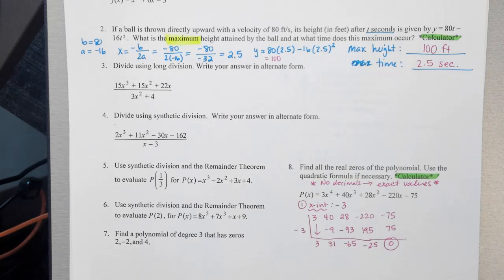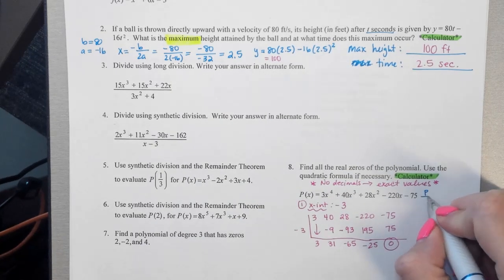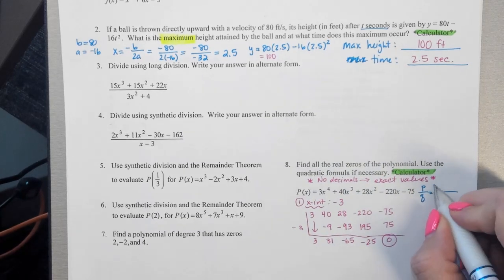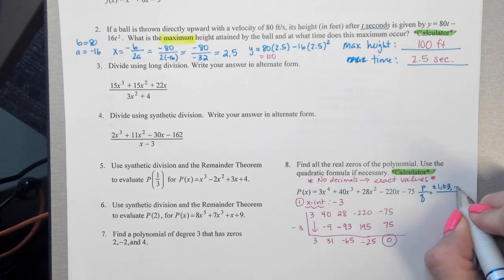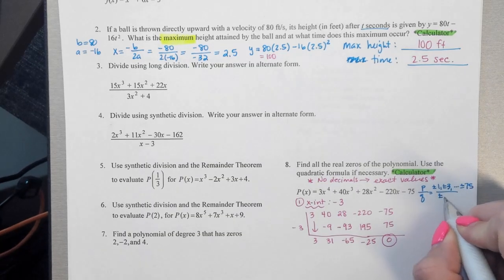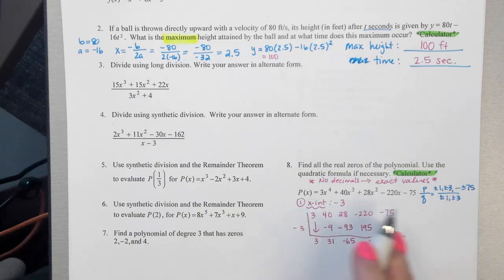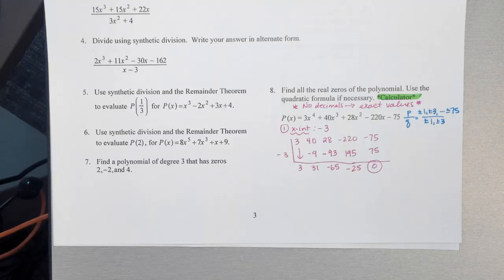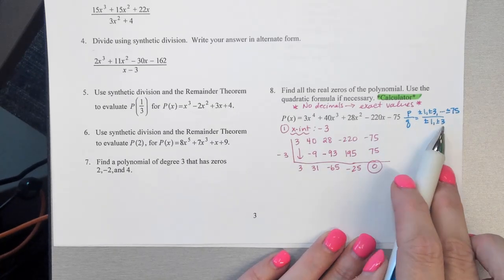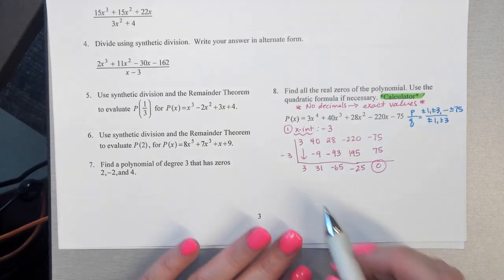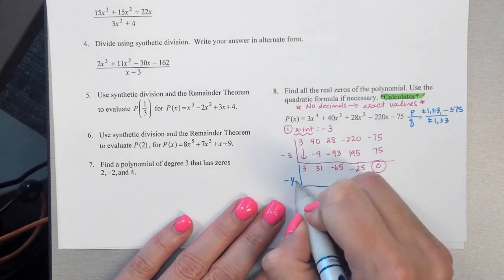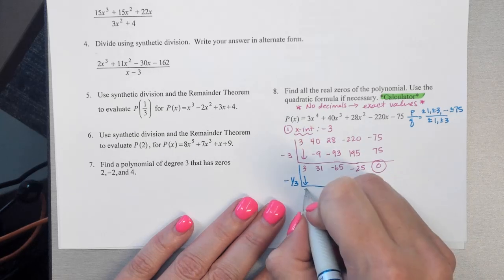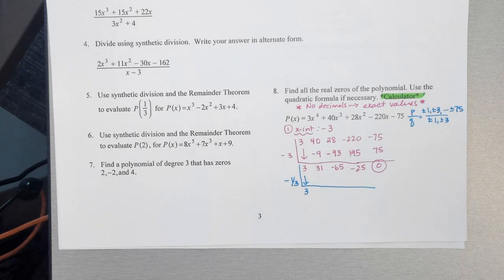Remember that the possible zeros are your P over Q. So you have all the factors of 75, 1, 3, and so on, up to 75 over the constant term, which is 1 and 3. So if I'm looking to see what my possible zeros are, and I see there's one between 0 and negative 1, which is on your graph, the first one I'm going to try is negative 1/3. You can also use your zero function. Are there other ways you guys are verifying your zero is negative 1/3?